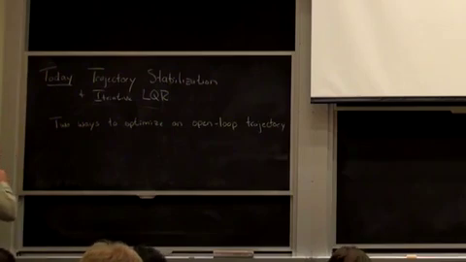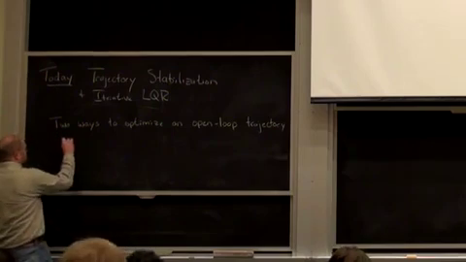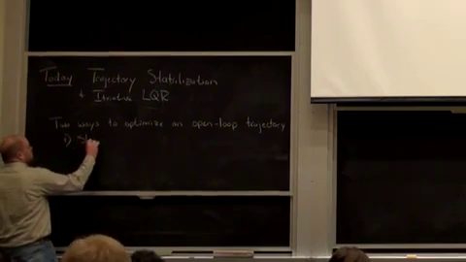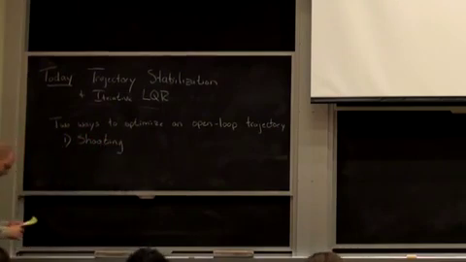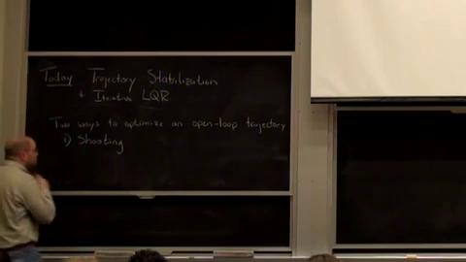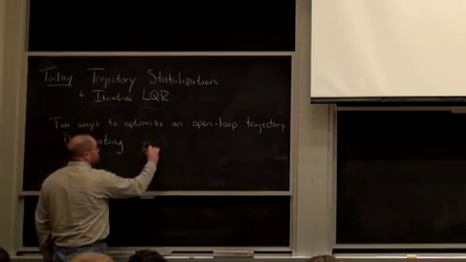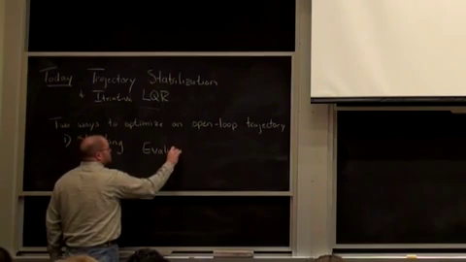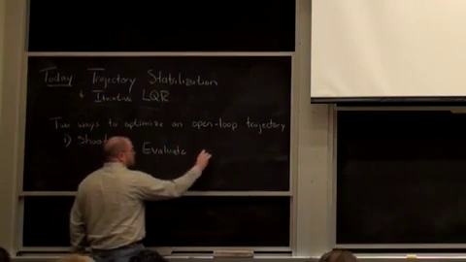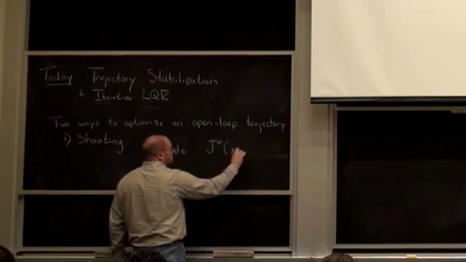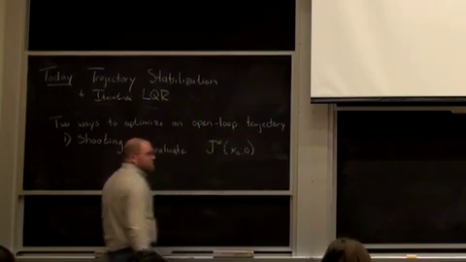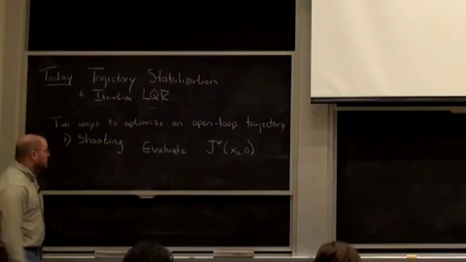We talked about the shooting methods. Right, where we evaluated J of alpha from x0 at time 0 just by simulation, right?